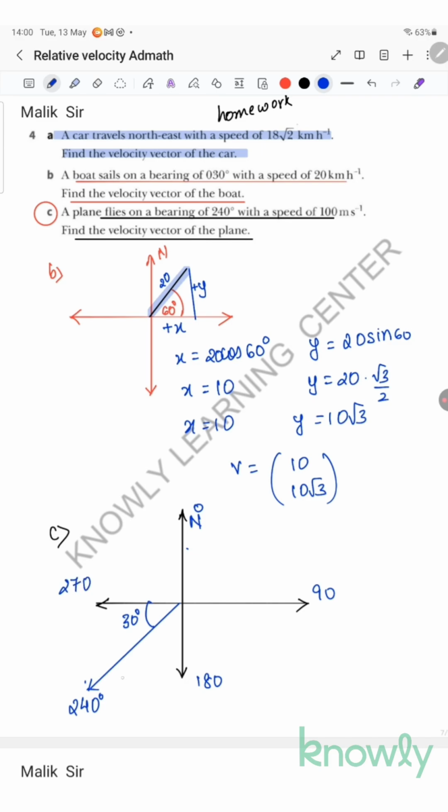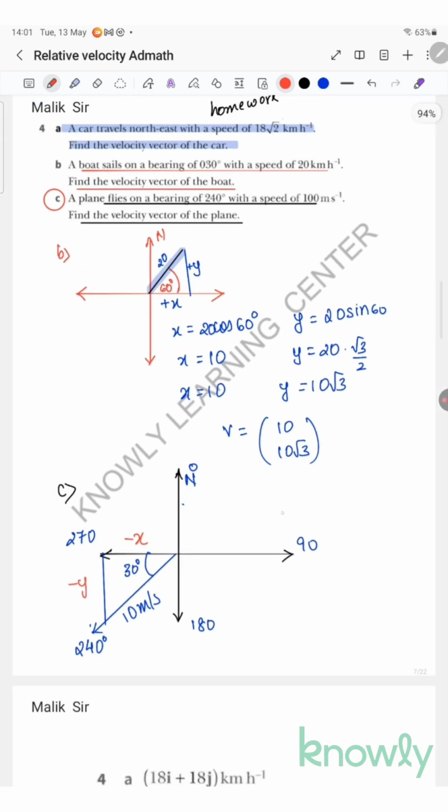Correct? So the speed of the plane is 100 meters per second, and I will again draw a vertical and a horizontal component. In this case, x will be negative x and y will be negative y. So now for the velocity vector I need to find x and y. I'll use SOHCAHTOA.